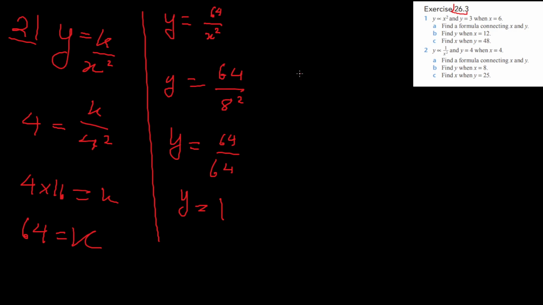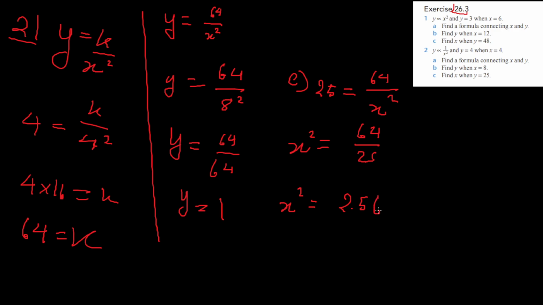And now let's do number C. We have to find x now, since y is 25 by 64. So we just do x squared equals 64 by 25. 64 divided by 25 is going to be 2.56.